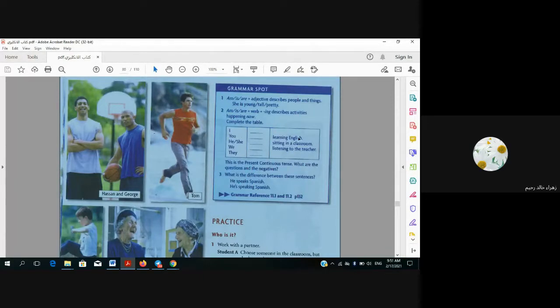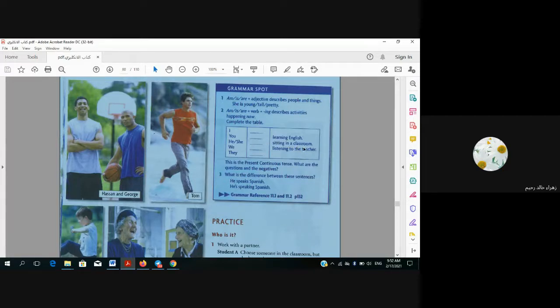Now complete the table. I learning English. Because we have a verb with ing, we should here choose a verb to be, which is am. I am learning English. You are sitting in a classroom.